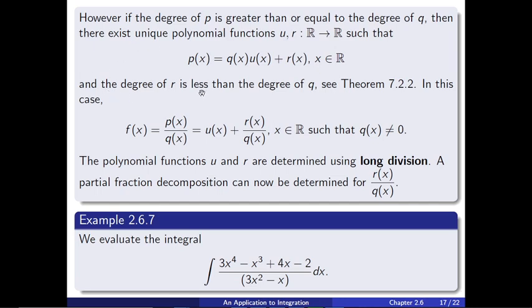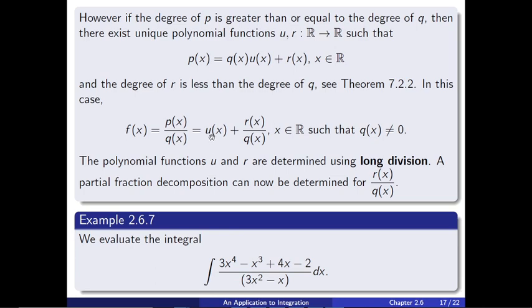And the degree of r is less than the degree of Q. And this, if you want to verify this, will come much later in the module. So that's theorem 7.2.2.